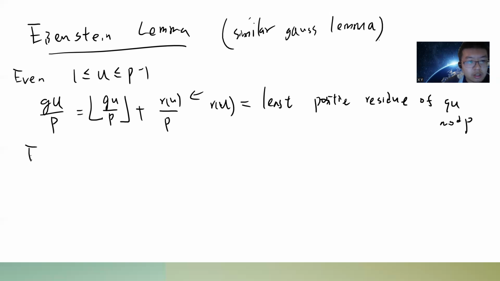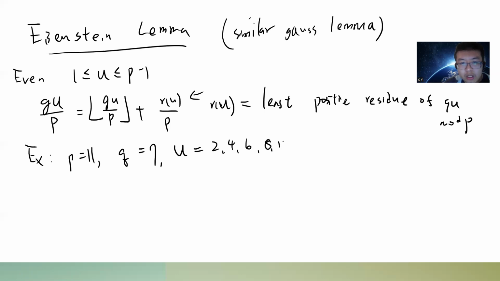Let's take an example. I take p to be 11 and q to be 7. I can consider u to be even numbers, so 2, 4, 6, 8, 10, all less than p.